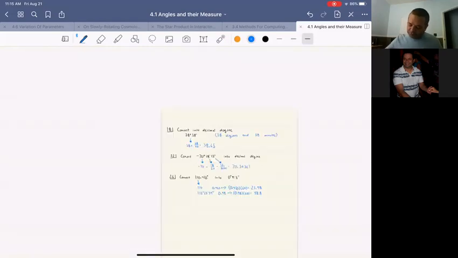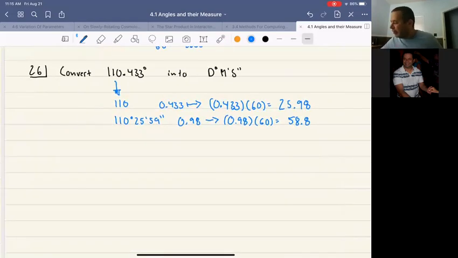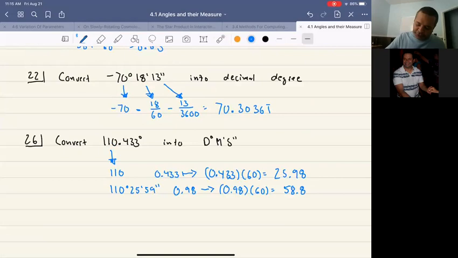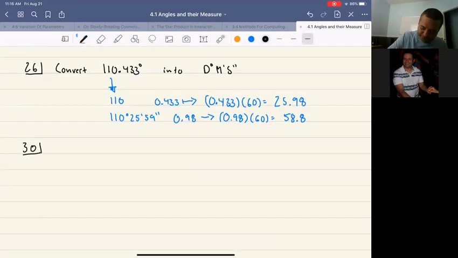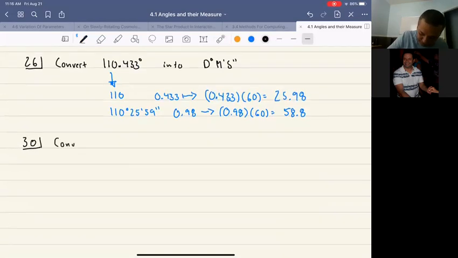Okay, let's continue. Let's do number 30. Number 30, convert from degrees to radians. Okay, so it's converting 40 degrees.